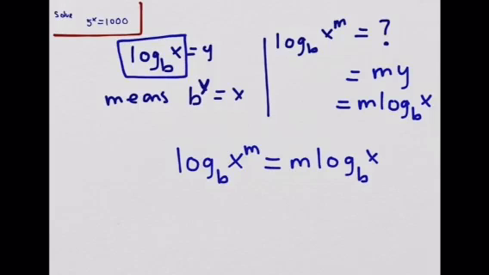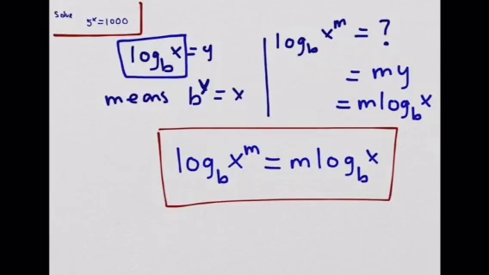And all we did was use the definition of the log. So this is pretty big. The expression is right here. I hope it's clear, and you can ask questions if it's not. The most important thing is that you can see how this power up here comes down to the front.